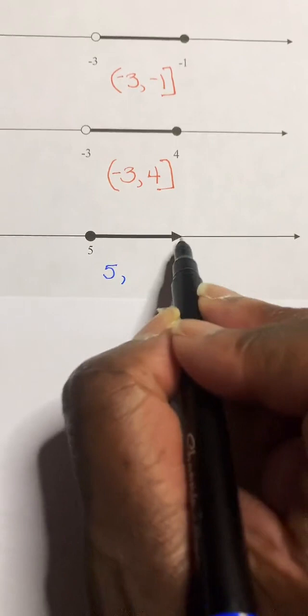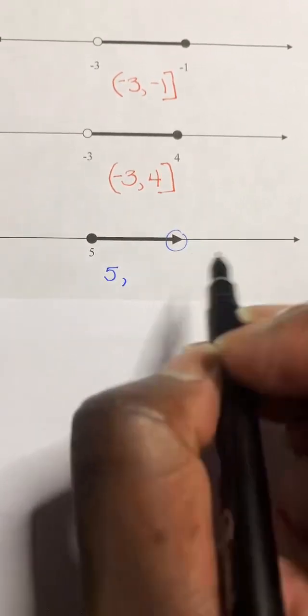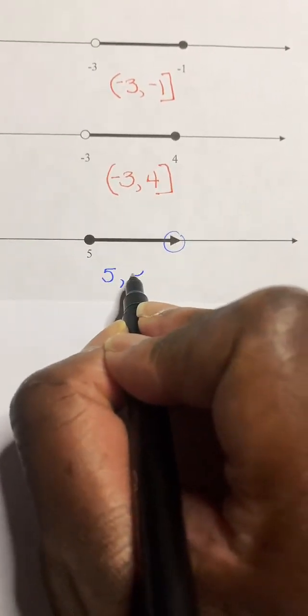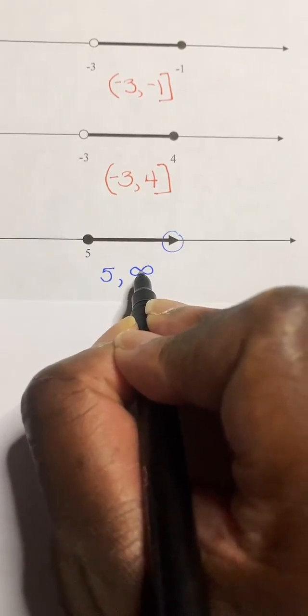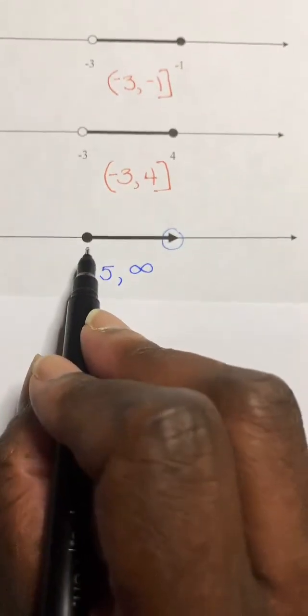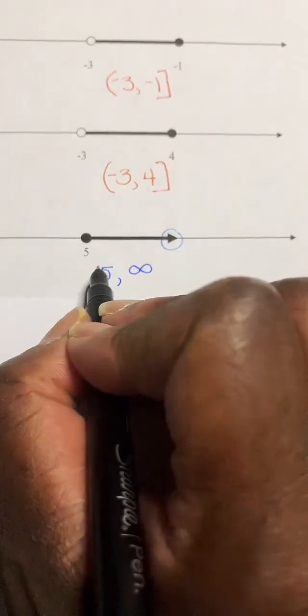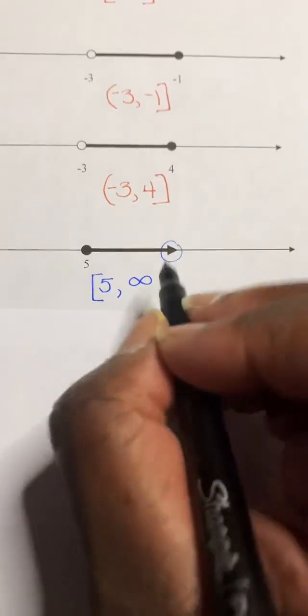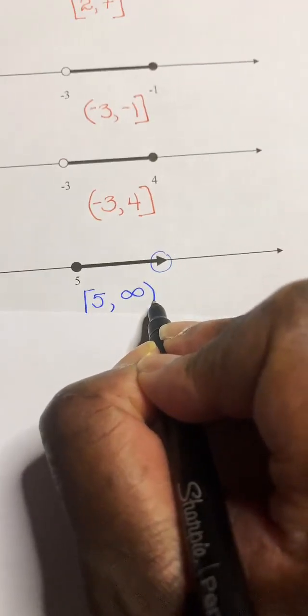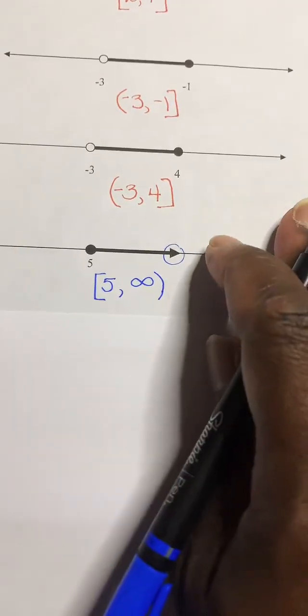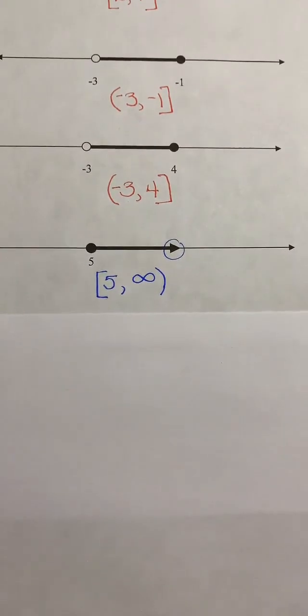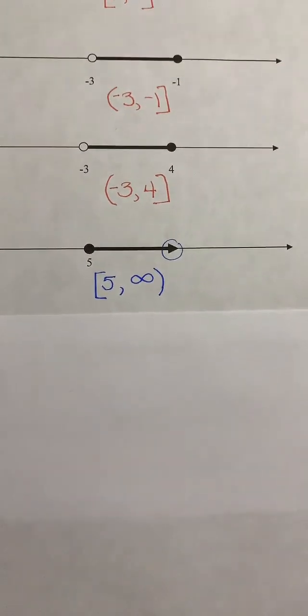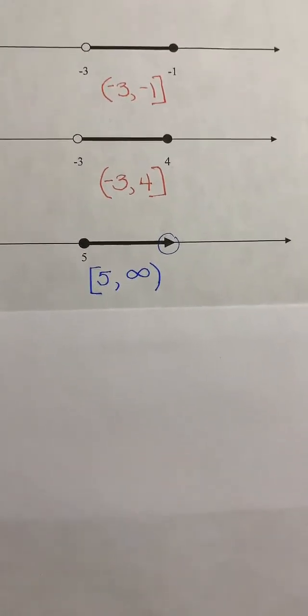The highest number, since it has an arrowhead, that means it's going all the way to positive infinity. Since it has a dot here, we're closing it and including 5. But infinities, regardless if it's positive or negative, always get the parenthesis. All right. And beyond.